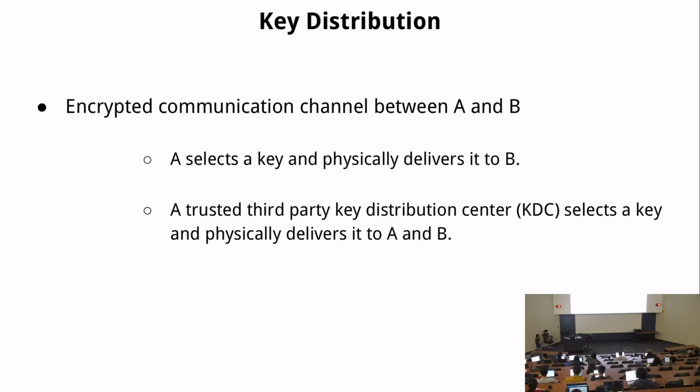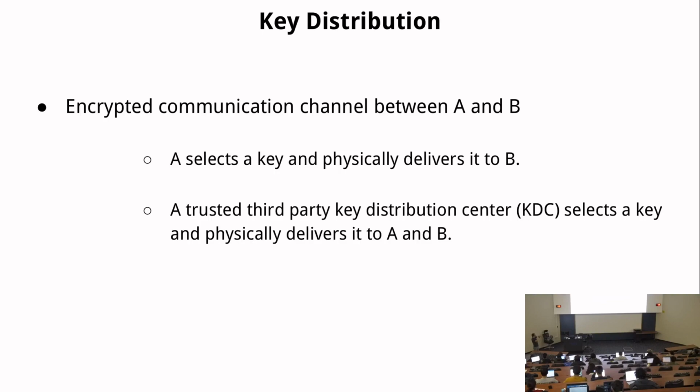So another approach is to have a trusted third party. Usually we call them the key distribution center. The trusted party will generate keys for the two communicating parties and use secure channels to deliver the keys.